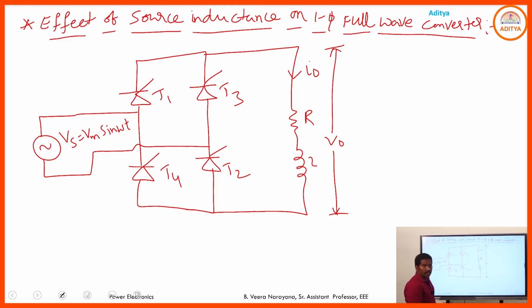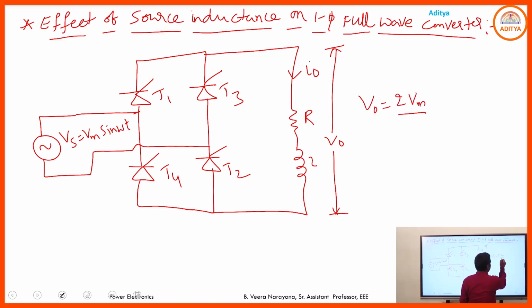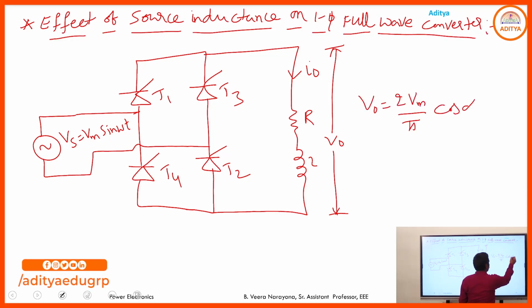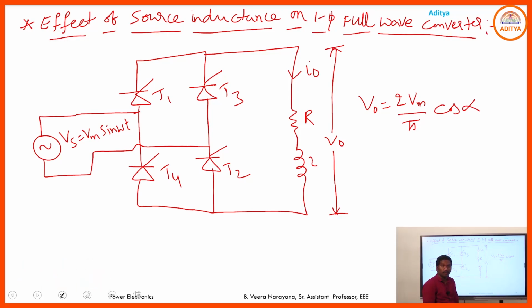So effect of source inductance means, if you have the single phase full wave converter like this, what is the average DC output voltage we are getting under continuous conduction mode? V0 is equal to 2 Vm by pi cos alpha.